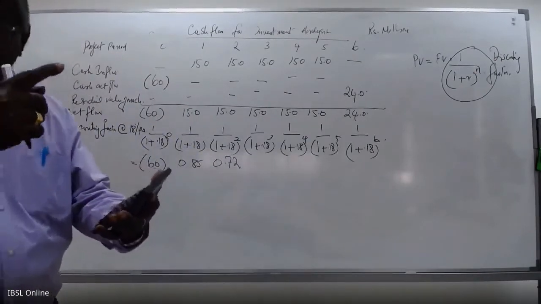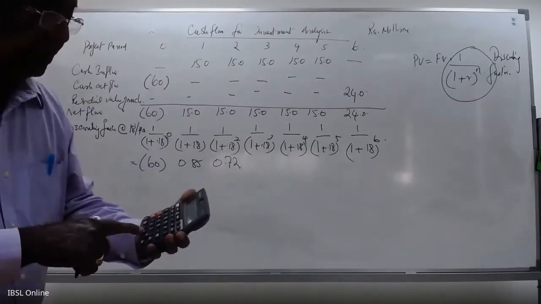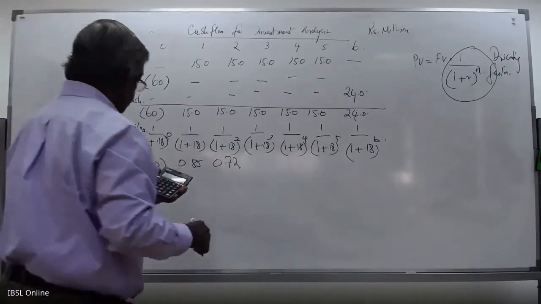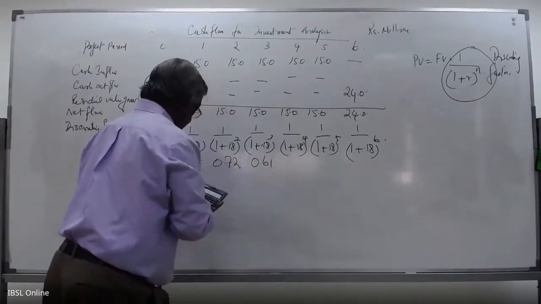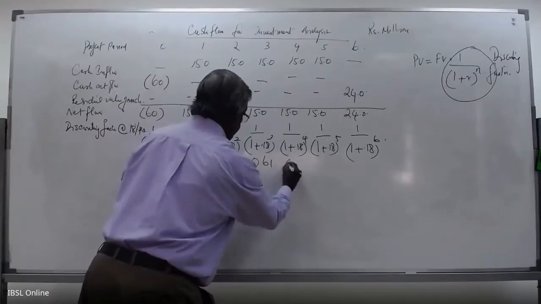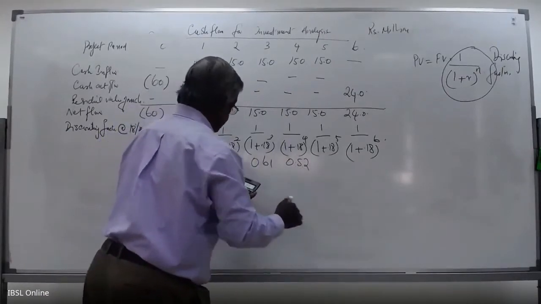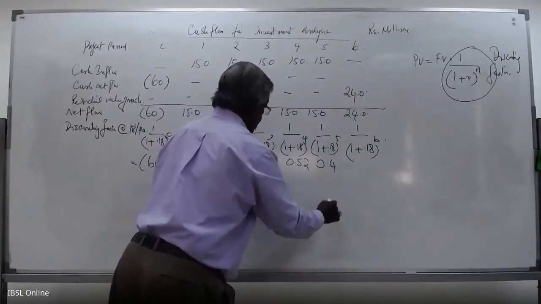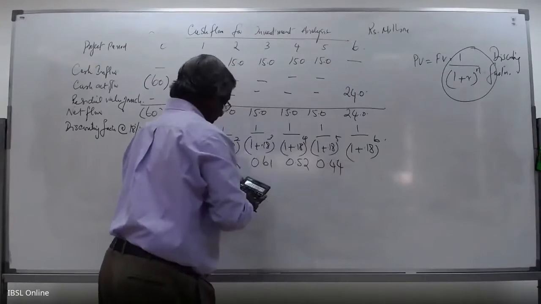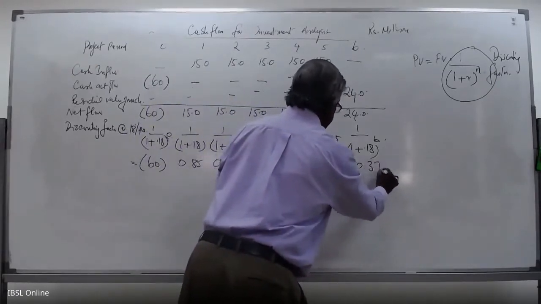Again equal sign, one more time it will divide by 1.18, 0.61, equal sign, 0.52, equal sign, 0.44, again equal sign, 0.37.